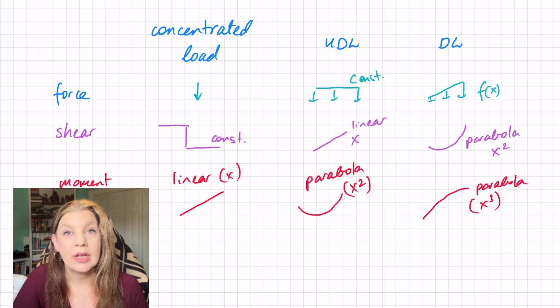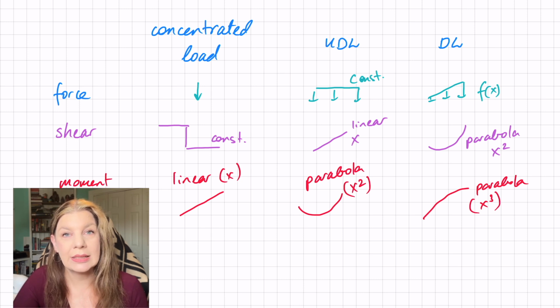And if we have a distributed load, a random one, that already gives us parabolic shear because it was a function of x, so 1 rank above gives us a function of x squared, a parabola, then the moment in this case is also going to be parabolic, but it'll be a function of x cubed.